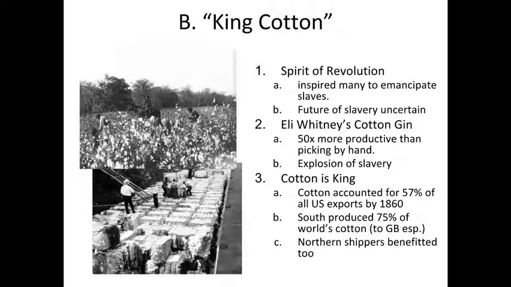This caused slavery to explode throughout the South, and cotton became the main cash crop outside of tobacco, rice, or indigo. Cotton accounted for 57% of all U.S. exports by 1860, and the South produced 75% of the world's cotton supply, especially for Great Britain, where textile factories were growing.